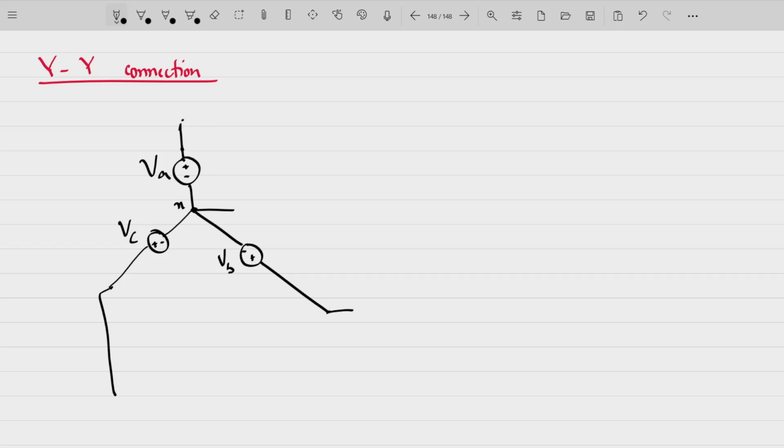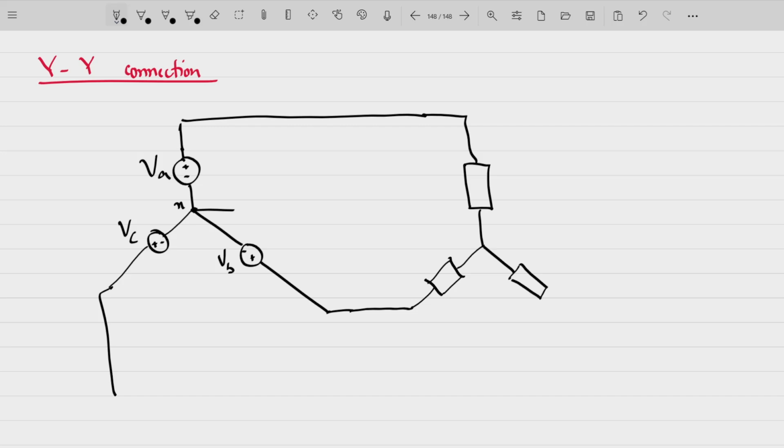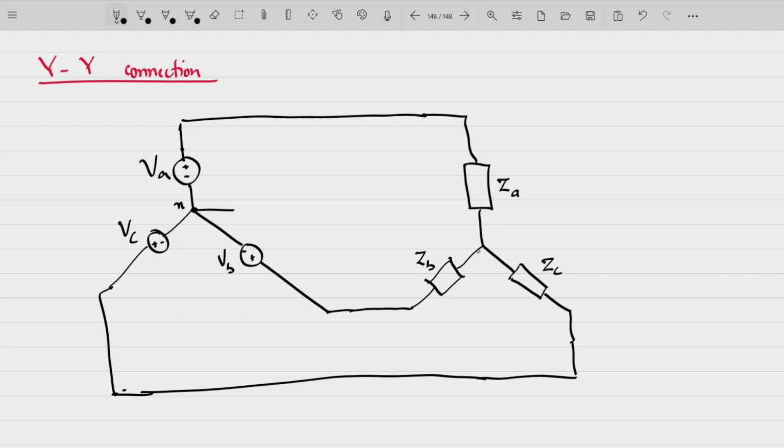Similarly, on the load side, you will have a load connected in a star fashion as well. There's a neutral point here as well, so we can directly connect the two neutral points.